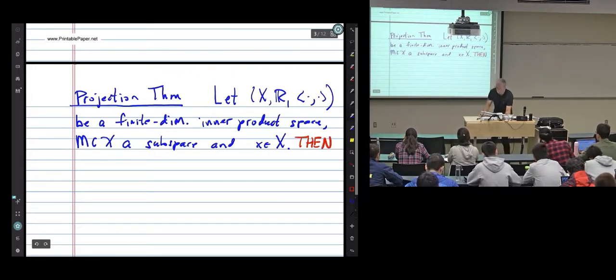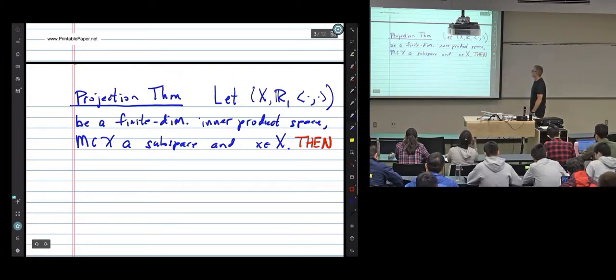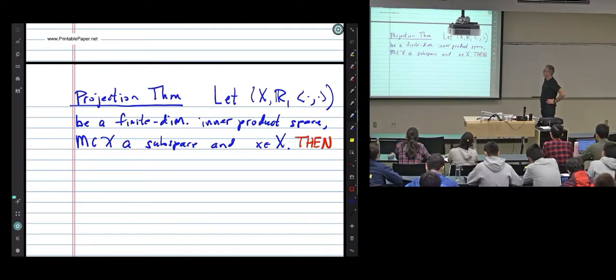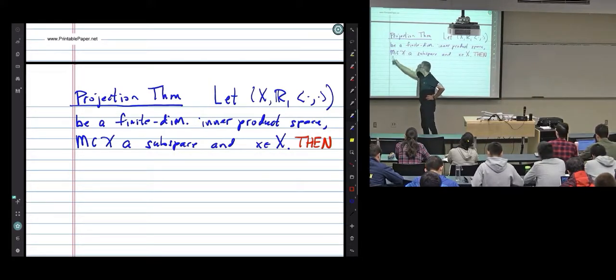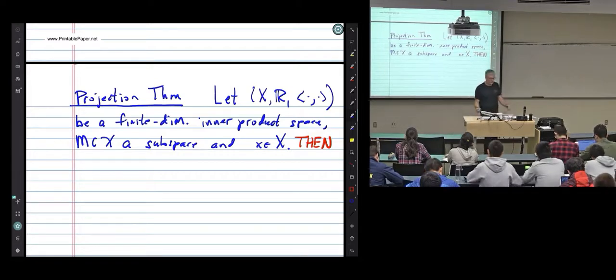Then, okay, so the only thing we're adding here is the finite dimensionality, and what that gives us is that everything in X is either something in M or something in the orthogonal complement of M, and that's what's going to do it.